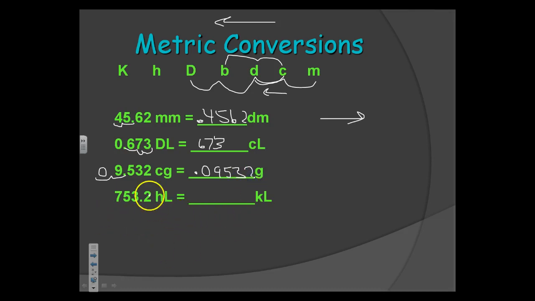This last one, we've got hectoliters, and we're going to kiloliters. So we'll start at hecto and we're moving to kilo, which is one place in that direction. So we are going to move that decimal there. So it's 75.3 and 2. Hopefully this helps.